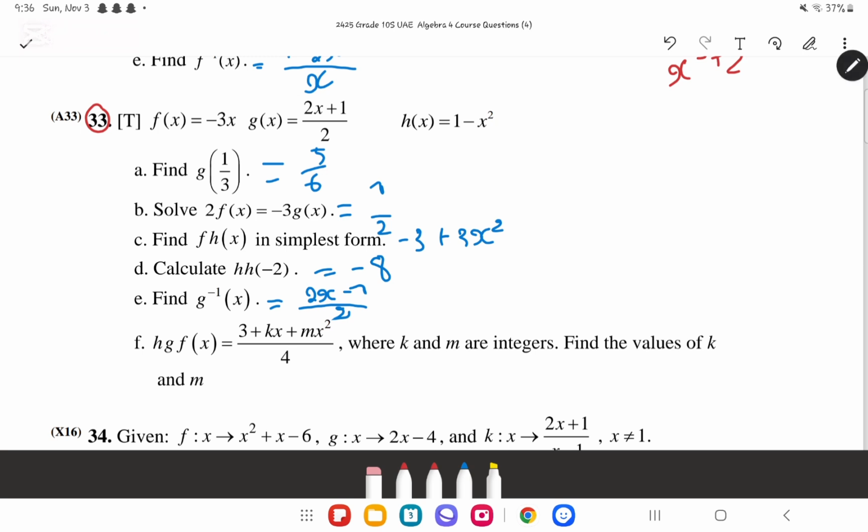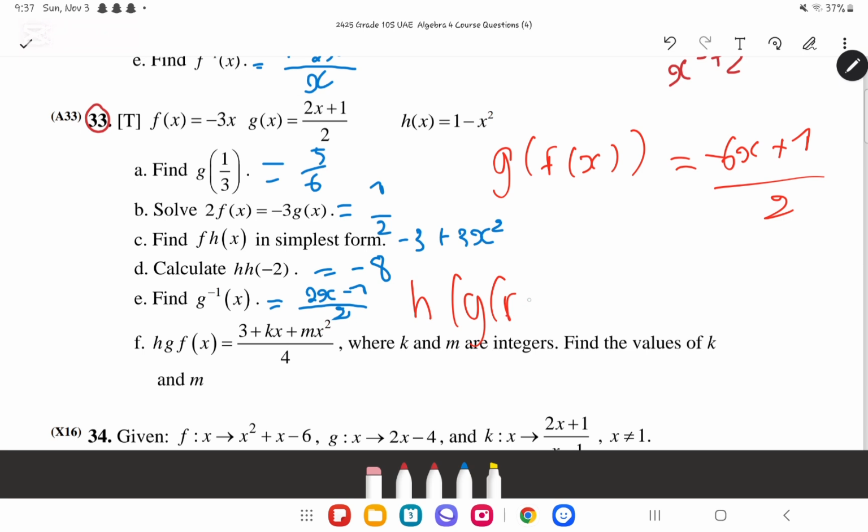So it's going to be very simply g of f of x is equal to 2 times minus 3x, which is minus 6x, plus 1 over 2. Now if we move on to h, we get h of g of f of x. I don't think there was a need for the last one.